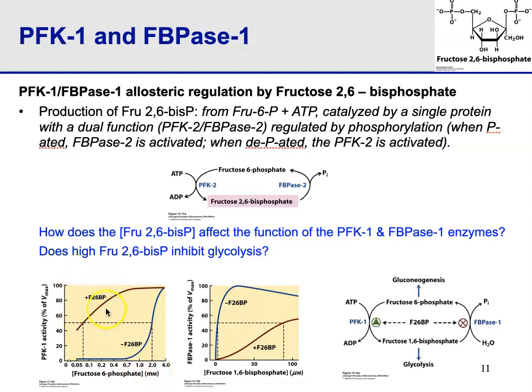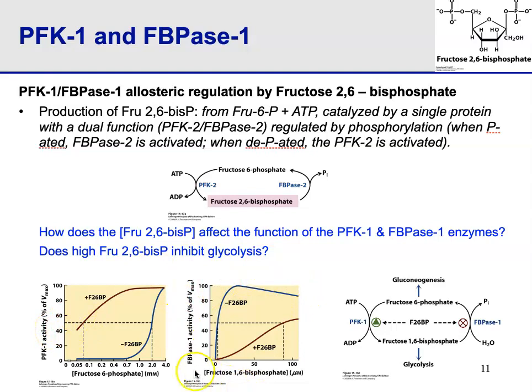In the presence of fructose 2,6-bisphosphate, we have this activity. In the absence of fructose 2,6-bisphosphate, the activity seems almost gone. You have to have very high concentrations of fructose 6-phosphate in order for PFK1 to function, even a little bit. So it seems that the presence of fructose 2,6-bisphosphate is required for the activity of PFK1, meaning that it activates or supports glycolysis.